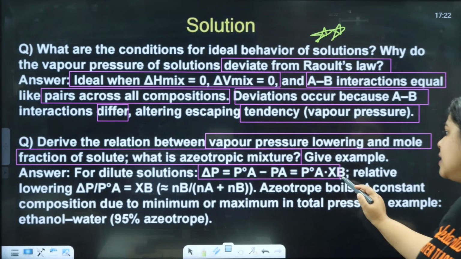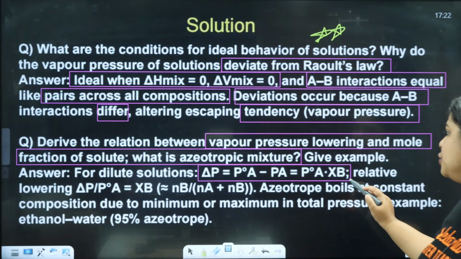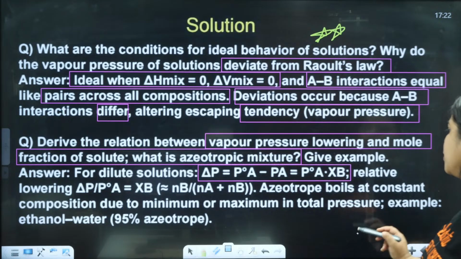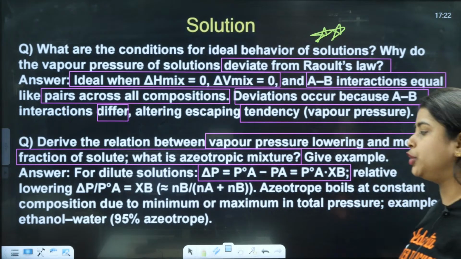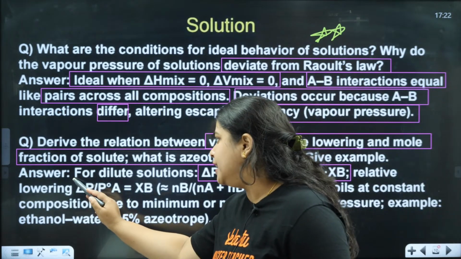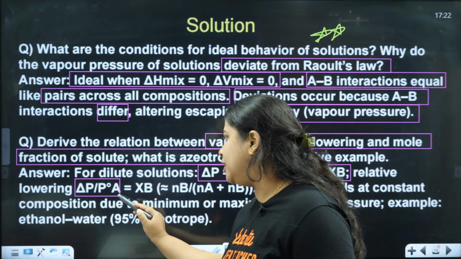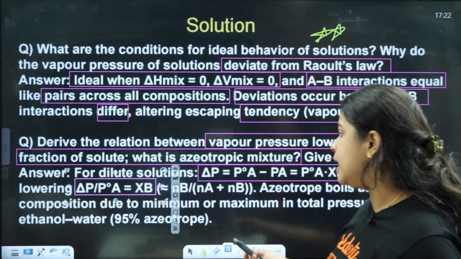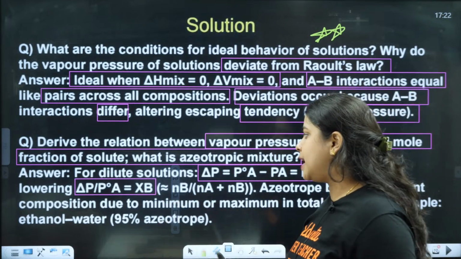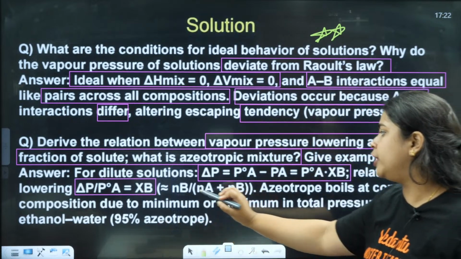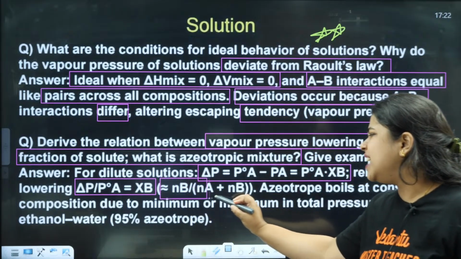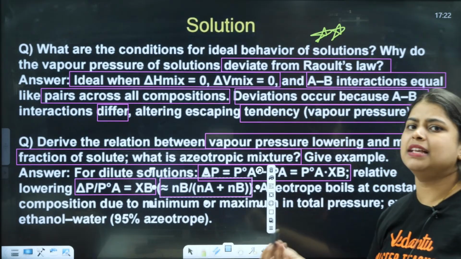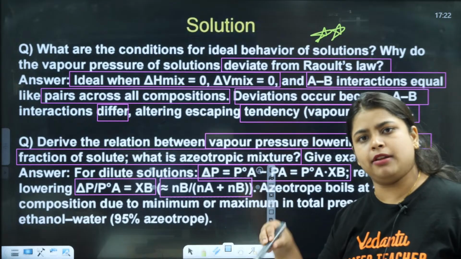That can also be written as P naught A into XB. The relative lowering, delta P divided by P naught A, is equal to XB. And XB is NB divided by NA plus NB, the number of moles of A and number of moles of B.